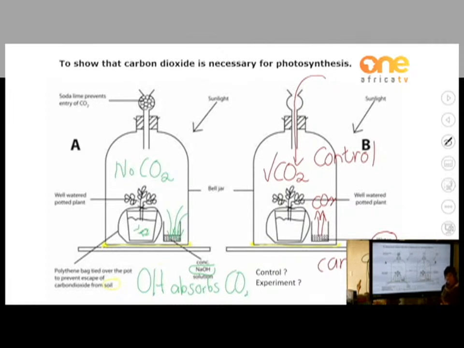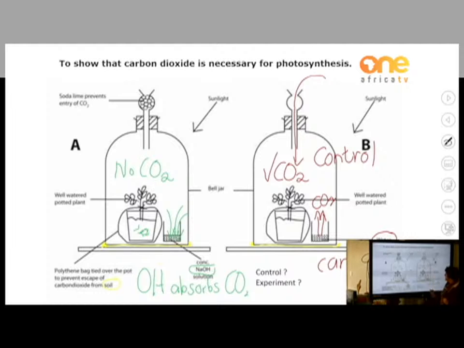Do you understand this? So here I added some more viewpoints and some more small important stuff to make sure this one has no carbon dioxide. All hydroxides absorb carbon dioxide.